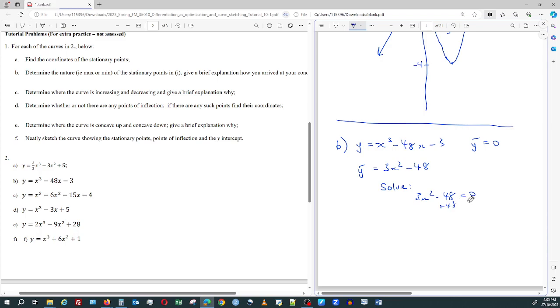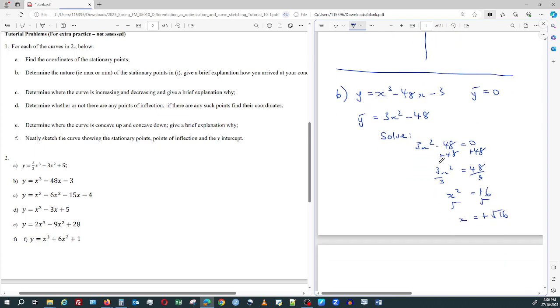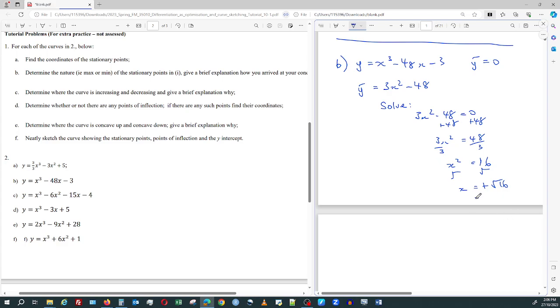Having 48. Undoing. So x will be equal to plus or minus the root of 16, which is plus or minus 4.